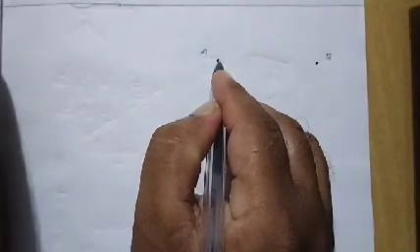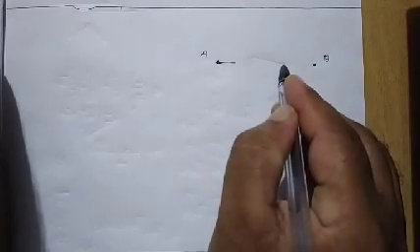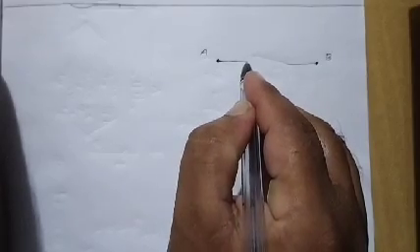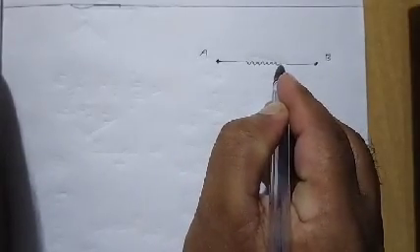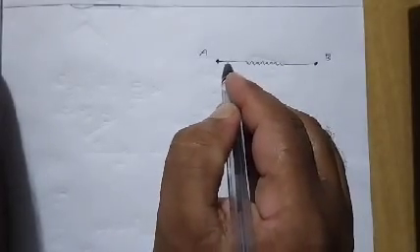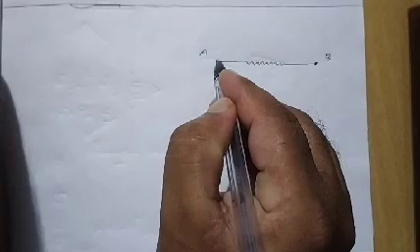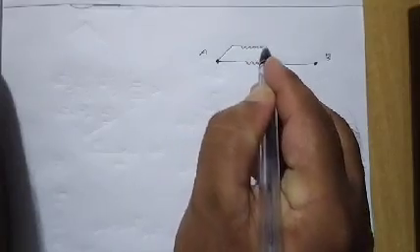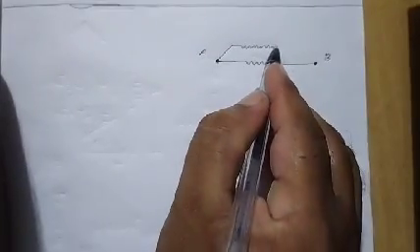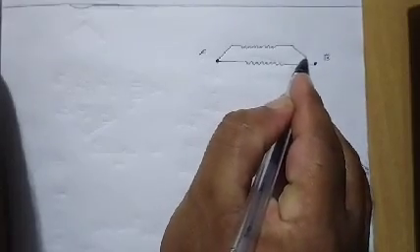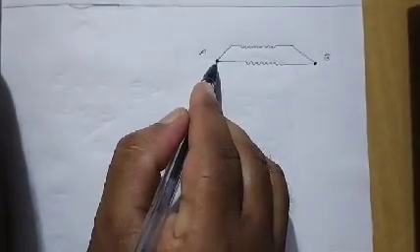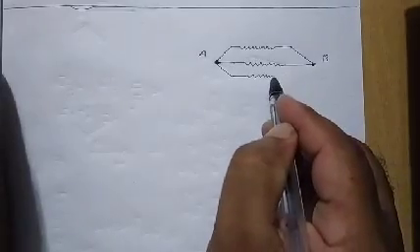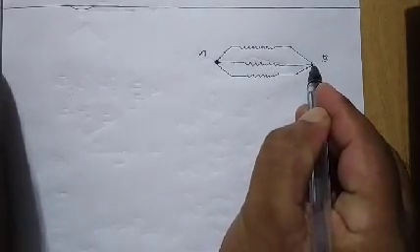One end of each resistor is connected to A and the other is at B. Another resistor, one end of this is also connected to A and the other end at B, and another resistor, one end of this also is connected at A and the other at B.